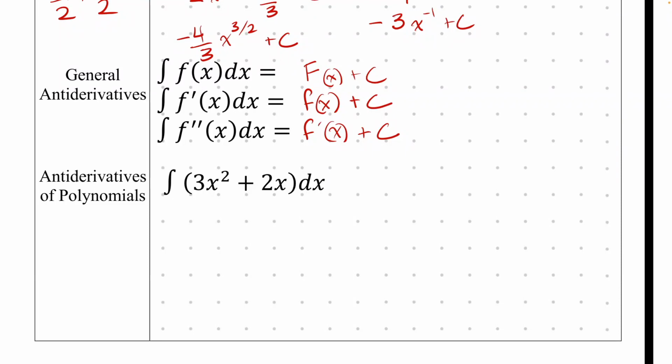Just take the antiderivative of both. Well, yeah, because essentially what's happening here, you can write this down in your notes too. You're taking this integral symbol and you're kind of distributing it. So this is equal to the integral of 3x squared dx plus the integral of 2x dx. You can separate them into 2 different pieces. You're allowed to break them apart, which means we just take the antiderivative of each piece.